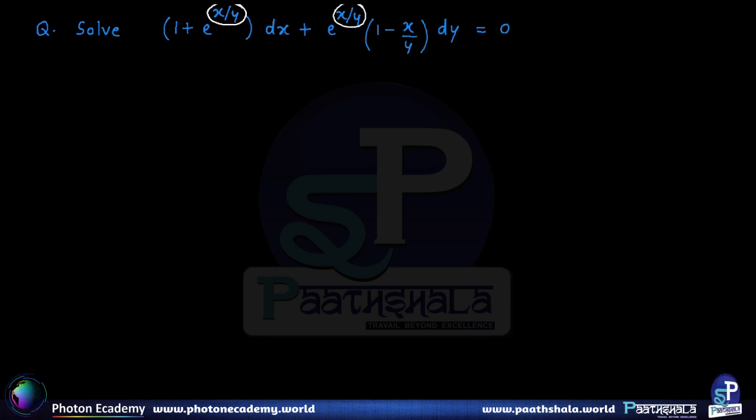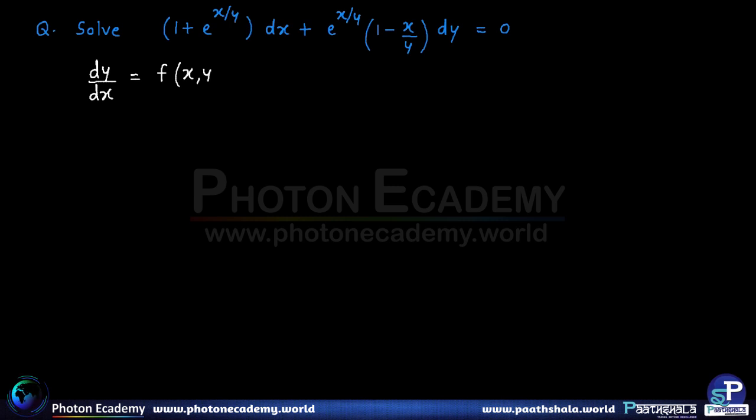So if we go by the idea of writing dy/dx as some function f of two variables x and y, it won't be a homogeneous function in exactly the way we want, since we have x/y terms.